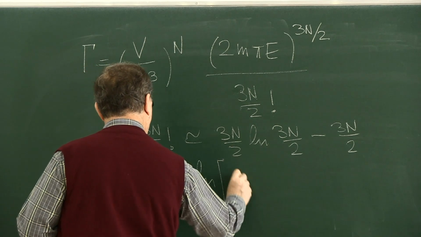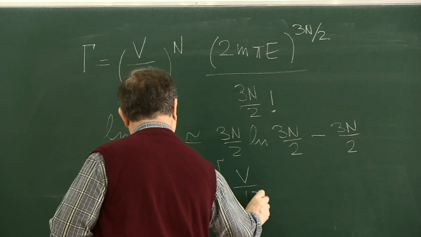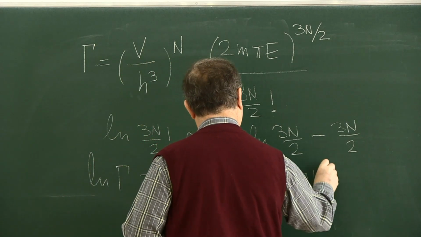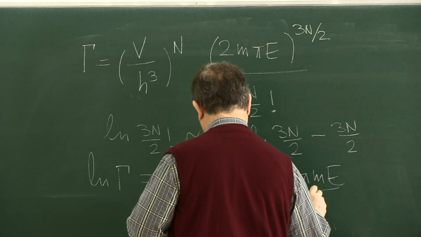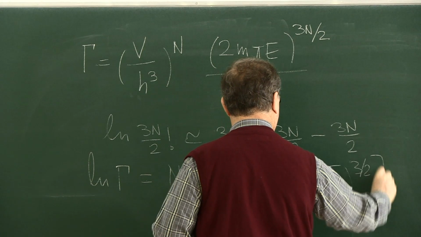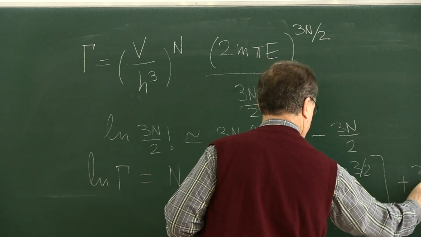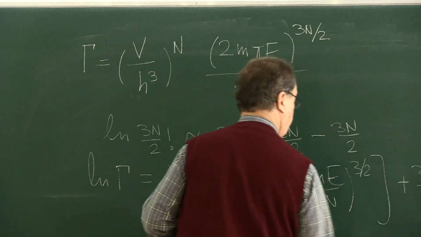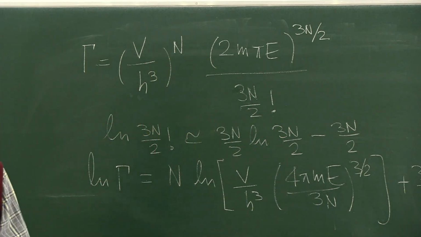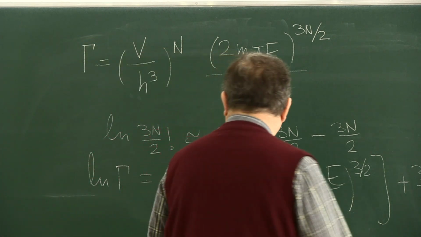ln v over h cubed, 4 pi, n energy over 3n, 3 over 2. That's the logarithm. I just have to multiply it with Boltzmann constant, isn't it? kB.